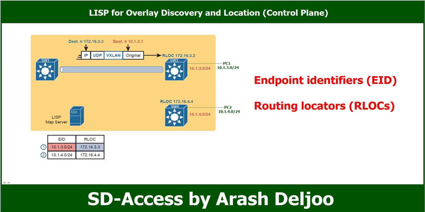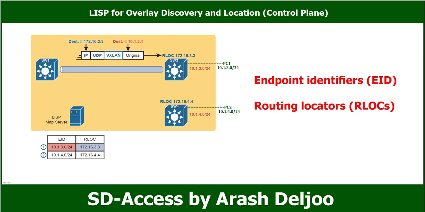It adds the IP, UDP, and VXLAN headers shown so it can deliver the message over the SDA network. As you can see, this is the original frame, and here we have the VXLAN header, UDP header, and IP header. In this IP header, we have the source IP, the switch 1 IP address, and the destination IP, the RLOC IP address of switch 3.